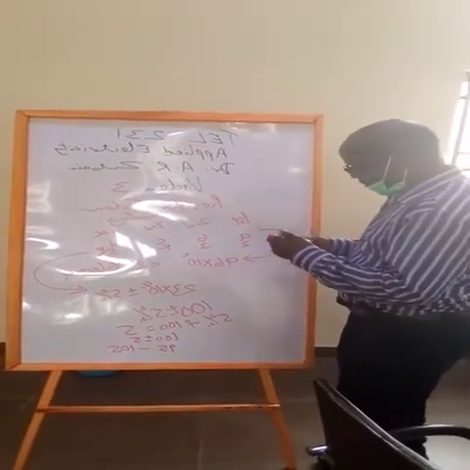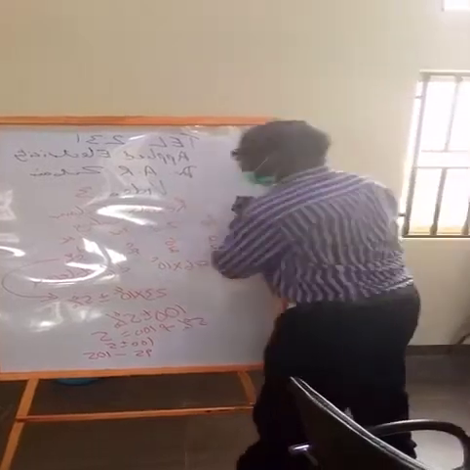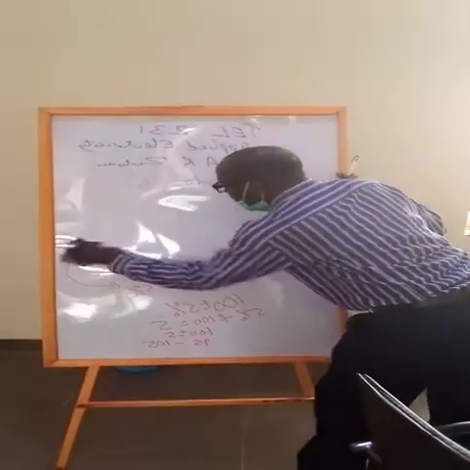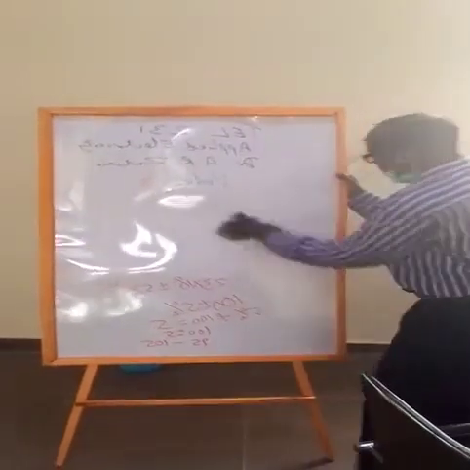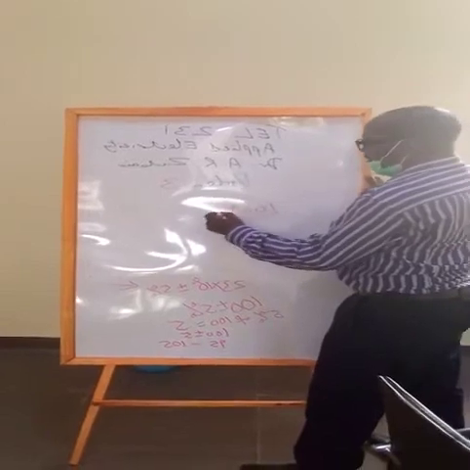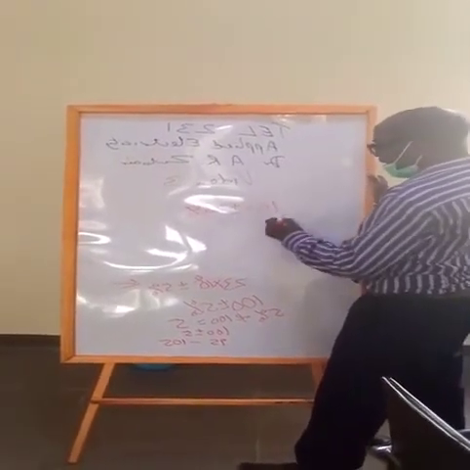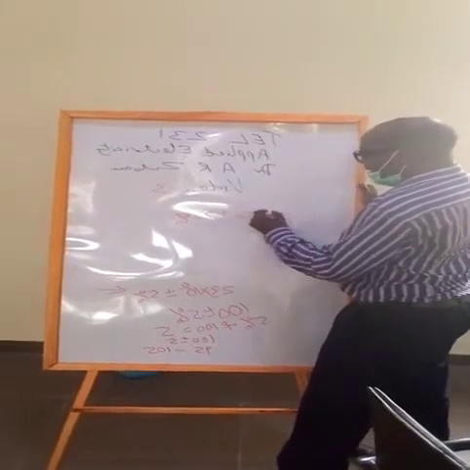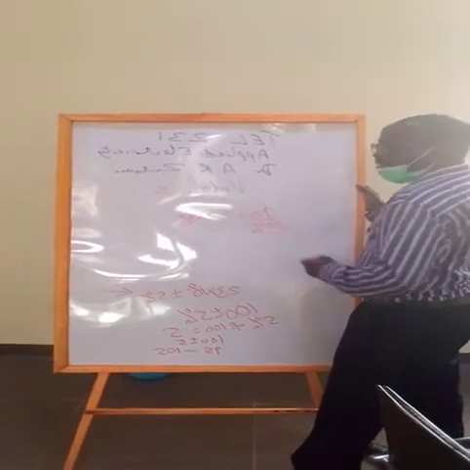For example, let me clean the board. If you have 200 plus or minus 20%. 20% of 200 is what?